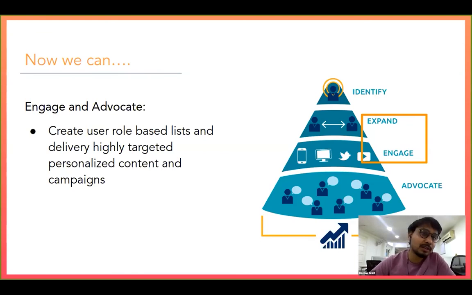So what's the role a user plays in a particular company? Are they a decision maker? Are they an influencer? Are they a blocker? Are they a champion of your company? You can tag all of that. This is also a checkbox, so a user can have multiple roles, and you can add your own values apart from the default ones provided by HubSpot.